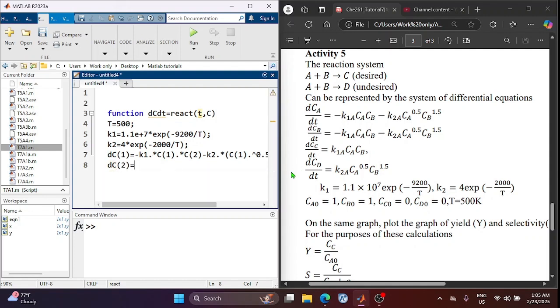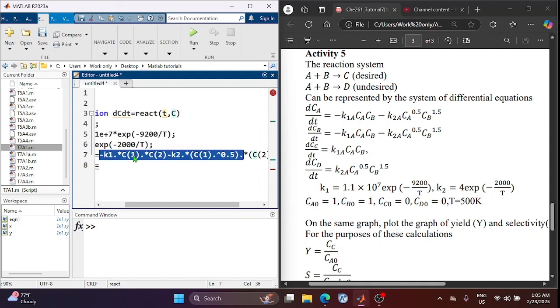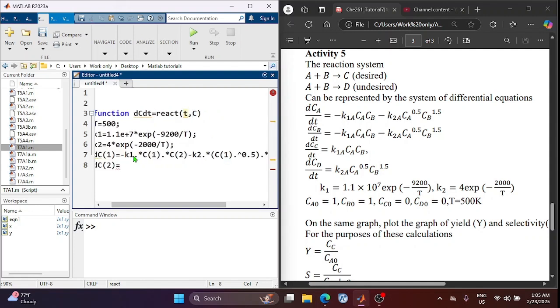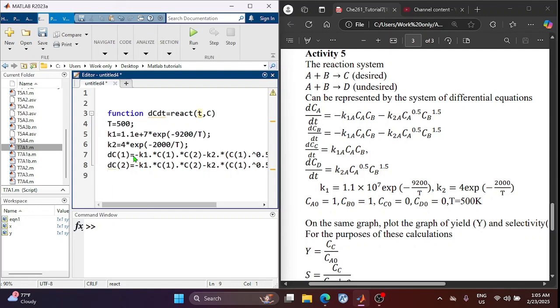2 is for B, is equal to, the expression is very similar. Let me look at it. Okay, the expression is actually the same thing, so I can just copy this equation and then just paste it there.